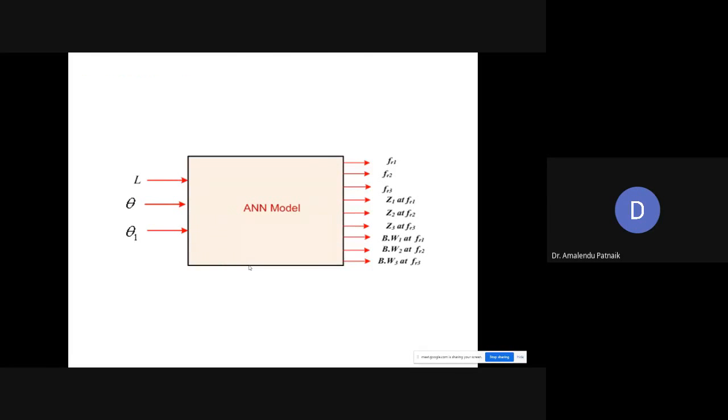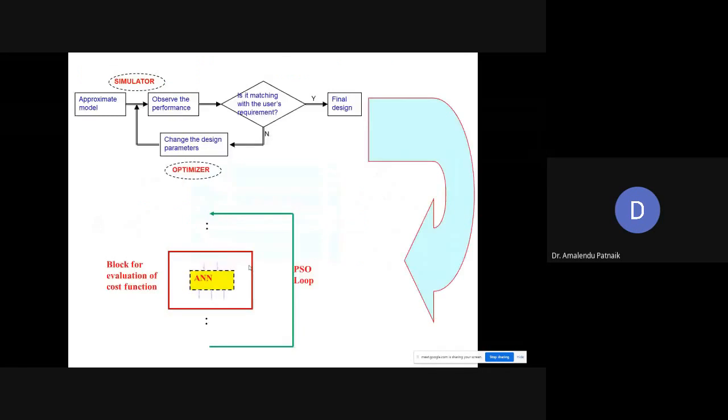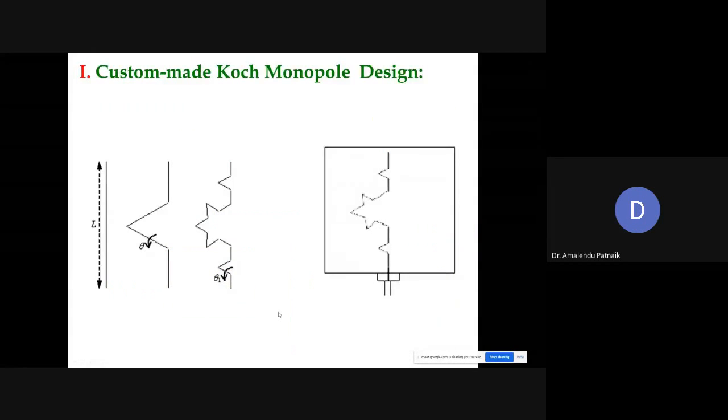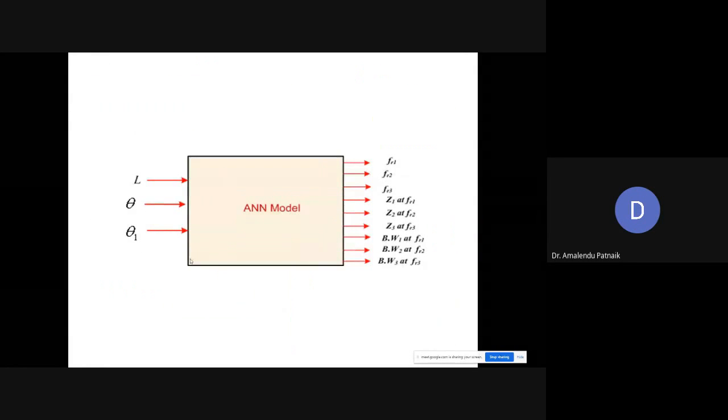Okay, so we have used this particular method to implement our design process. The first step is to design the trained neural network model for different L, theta, theta 1. We calculated the resonant frequencies, and we calculated the impedances and the bandwidths at those frequencies.